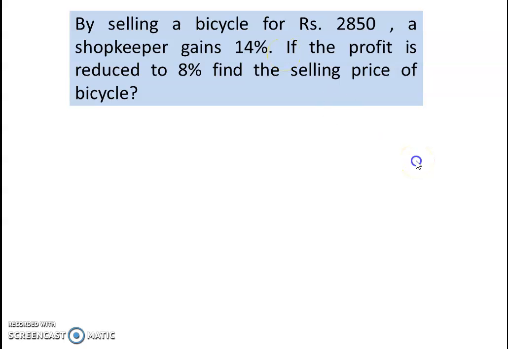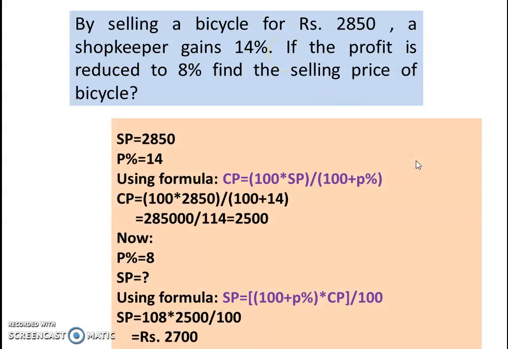So from given information, we can calculate value of CP. We have formula CP equals 100 into SP divided by (100 plus profit percentage). So putting the corresponding value of SP and profit percentage, value of CP is 2500.